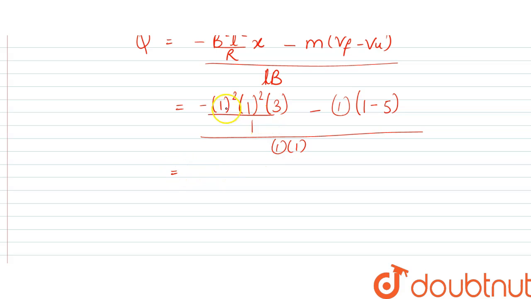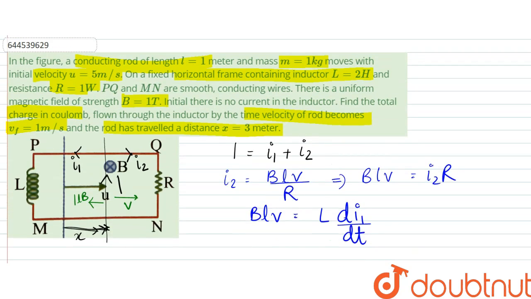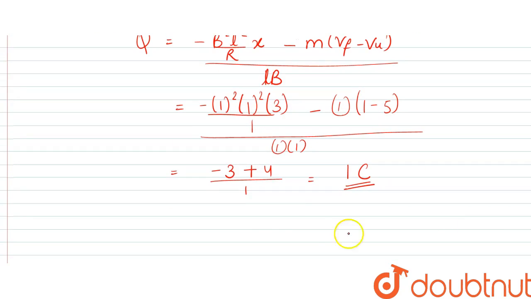So this would turn out to be equal to minus 3 plus 4 divided by 1. So it would be equal to 1 coulomb. That is the amount of total charge flowing through the rod.